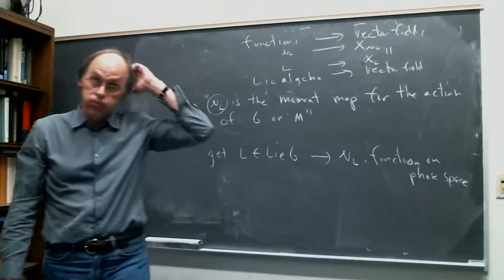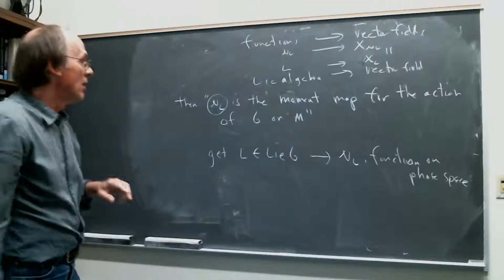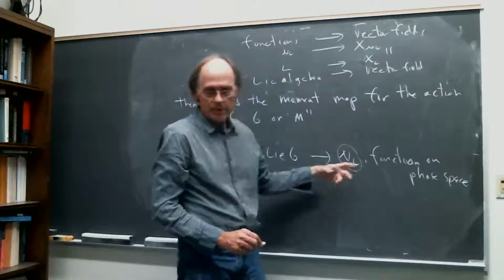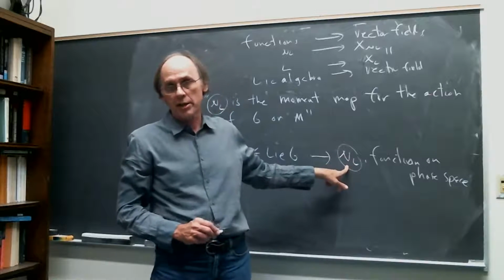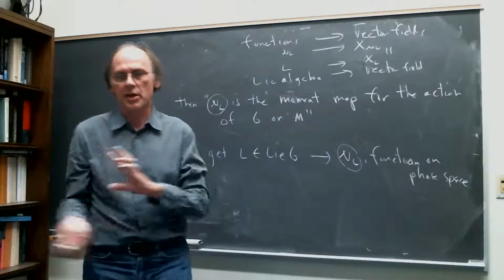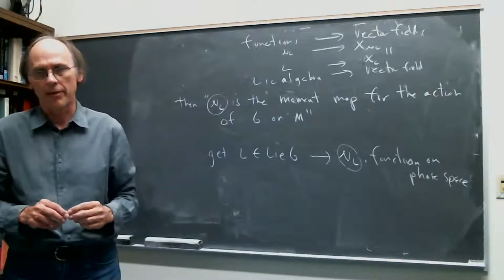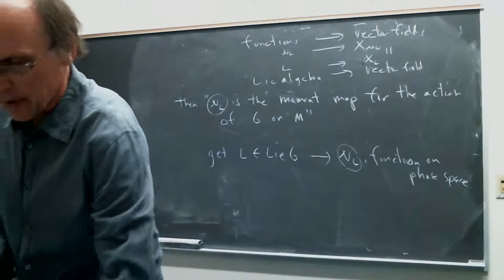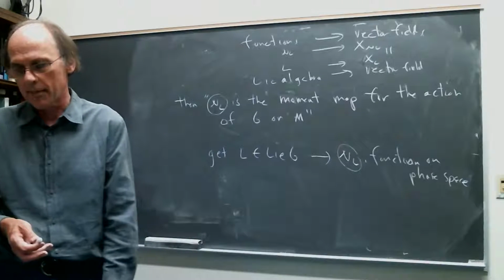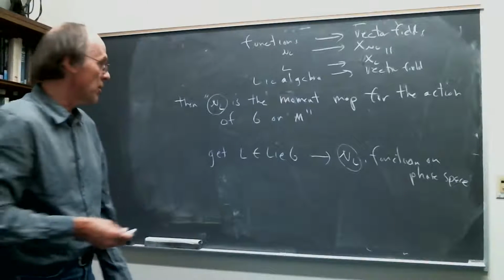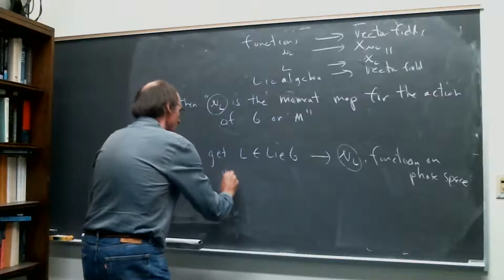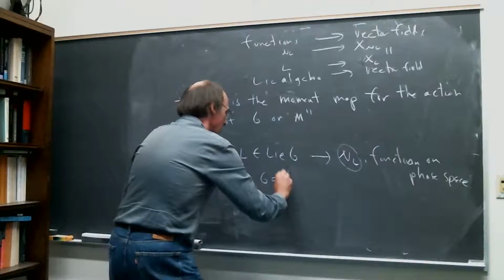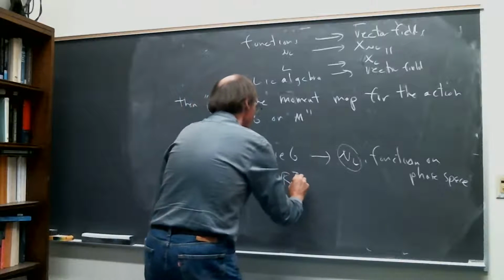Okay. And these functions are going to be your conserved quantities that you also get, that Noether's theorem tells you how to get by a very, very different method. And I'm running out of time, so I can't give the examples, but I work them out in the textbook. G is equal to R^3 of translations.